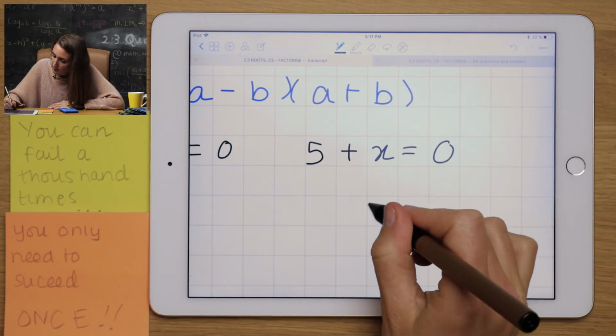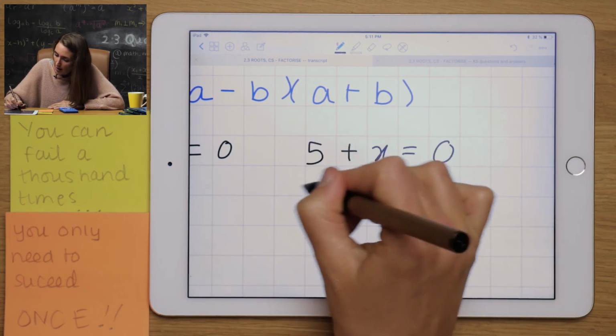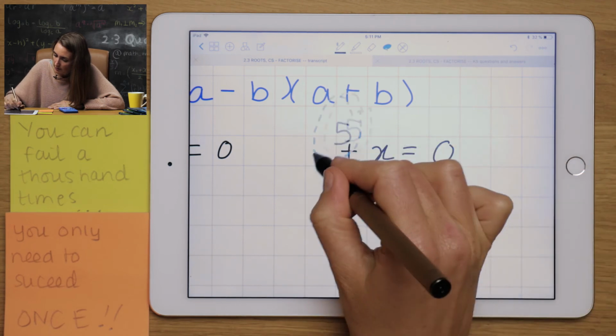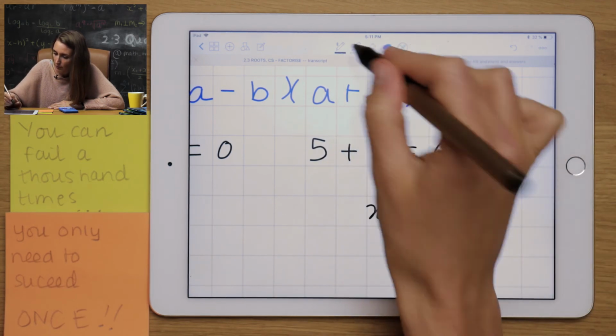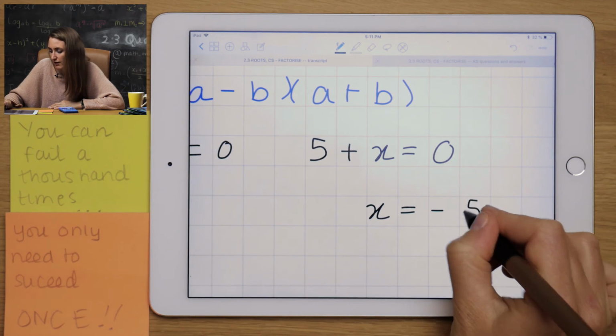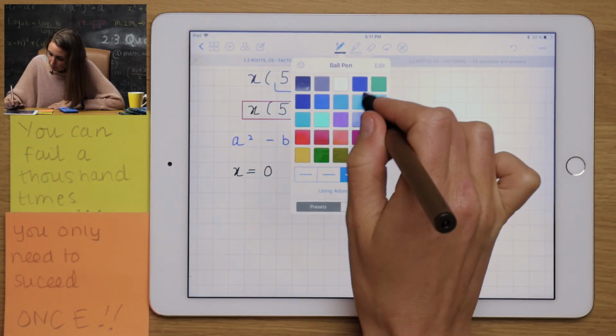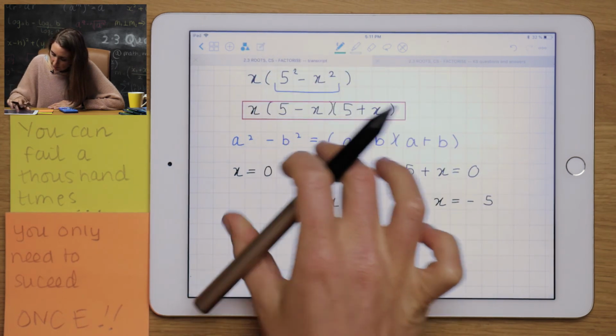Here, I'm going to leave the x where it was and bring this 5 to this side. So that will be minus 5 because 0 minus 5. And these are my 3 solutions.